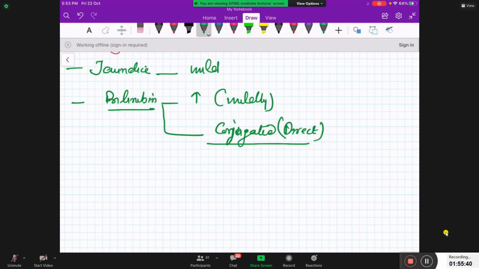How will I know that this is an obstructive jaundice? Alkaline phosphatase. If alkaline phosphatase is raised and conjugated bilirubin is raised, it means it's an obstructive jaundice, right?